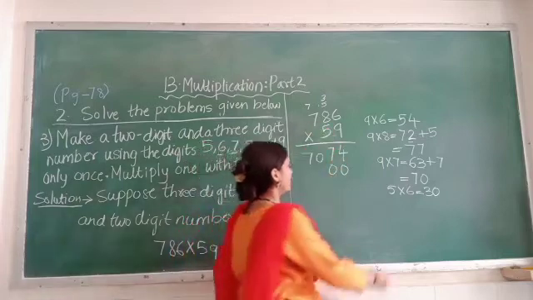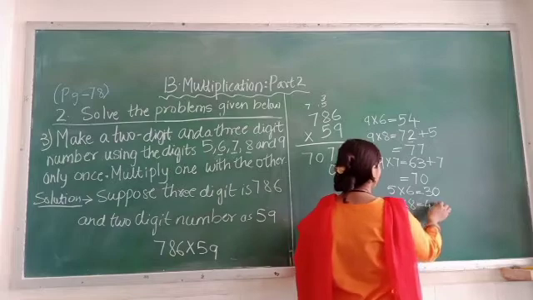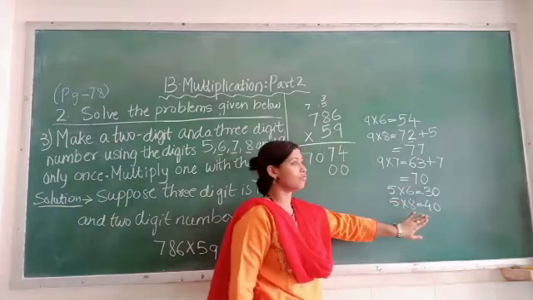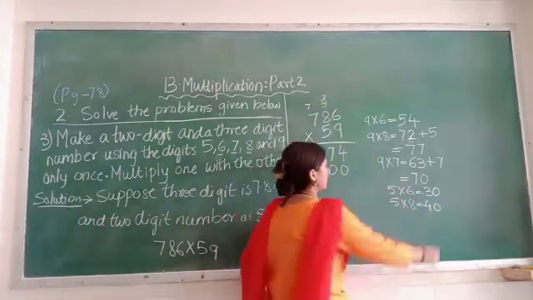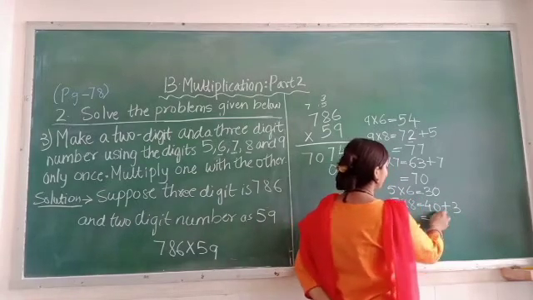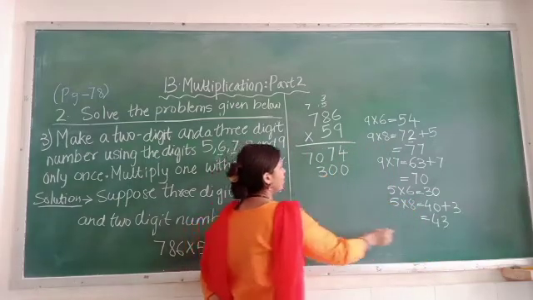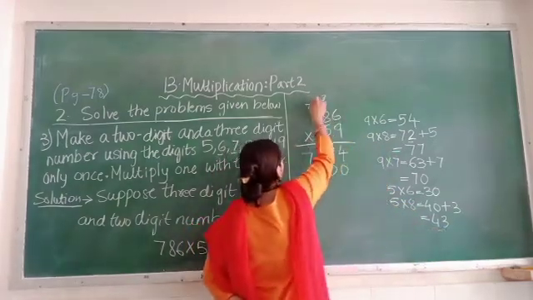5 multiplied by 8 is how much? 5 multiplied by 8 is 40 and the 3 which is carried over we will add. So it will become 40 plus 3 is how much? 43. So 3 we will write here and 4 will be carried over.